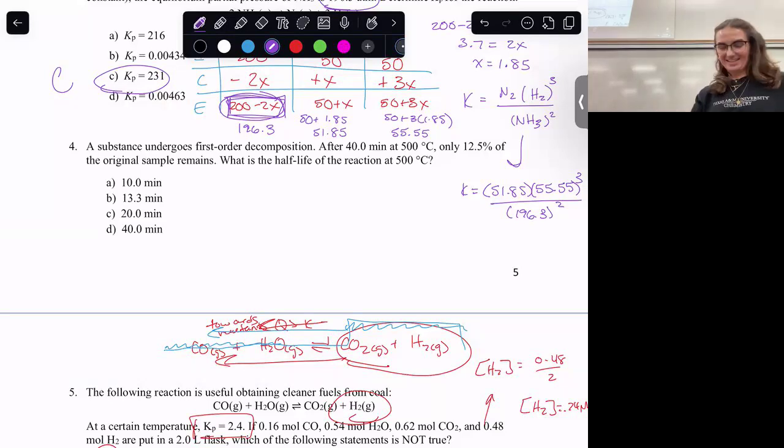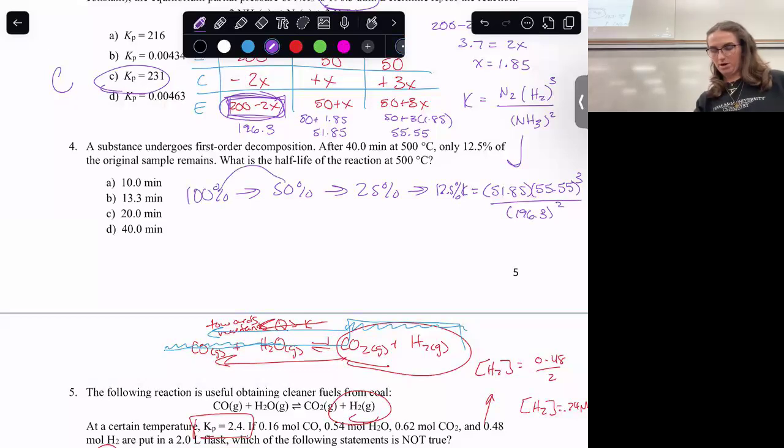The easy way is that you have 100% to 50% to 25% to 12.5%. So we went through 1, 2, 3 half-lives to get to 12.5%. So we can take 40 divided by 3 and we get 13.3 minutes.